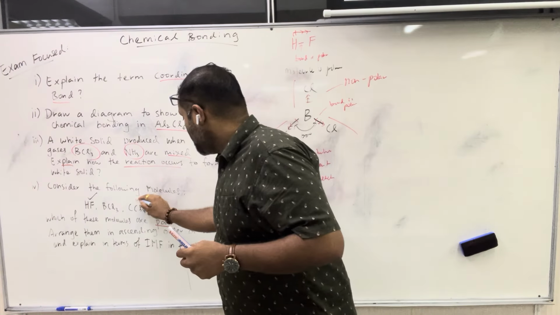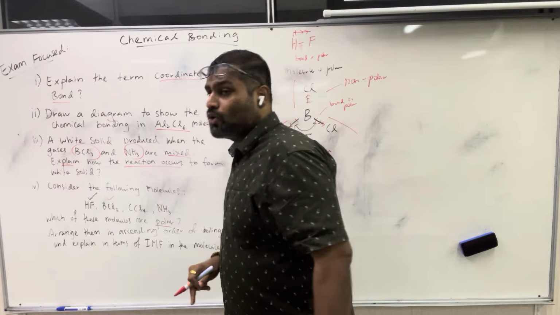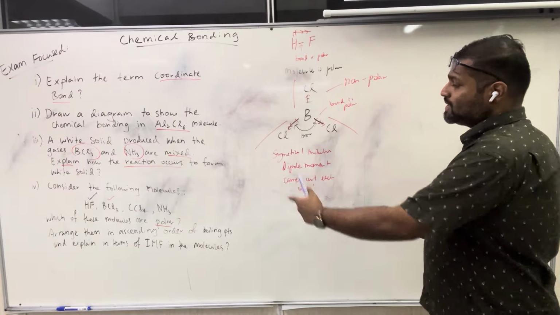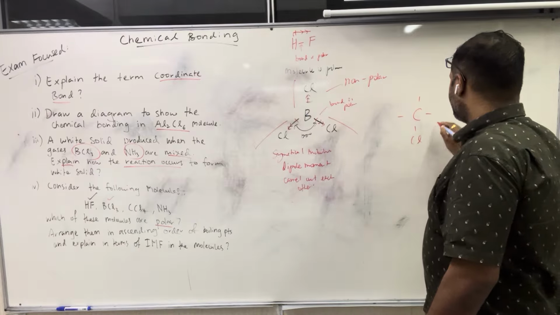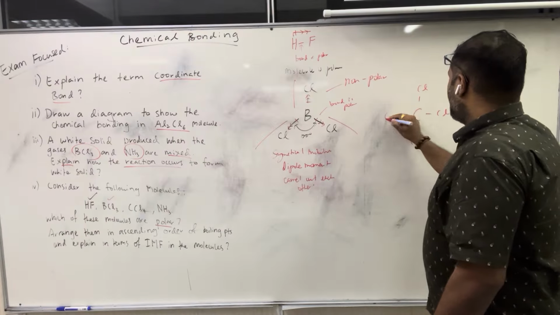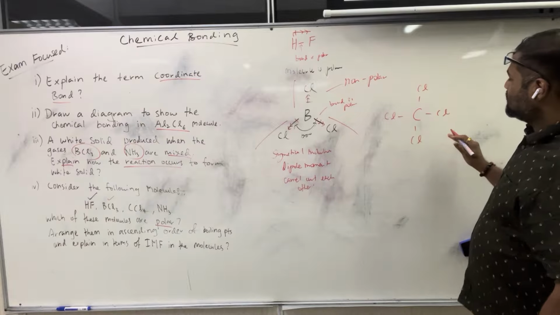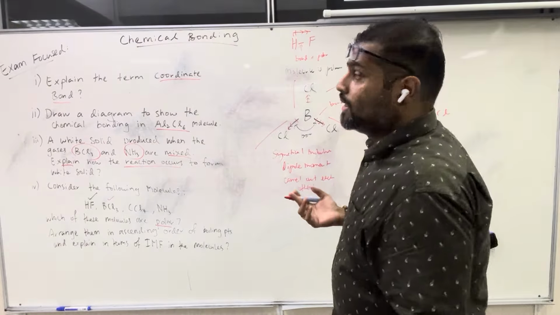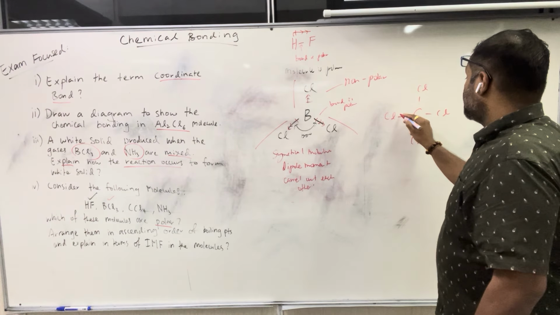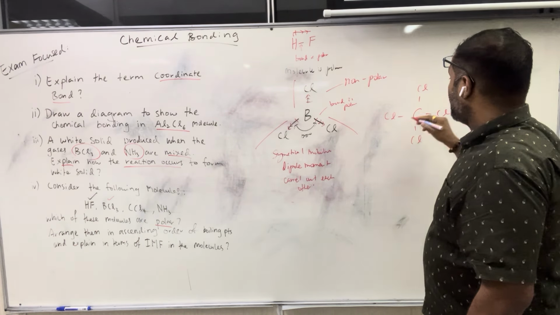Now we look into tetrachloromethane. Again, it's the same concept as BCl3. Tetrachloromethane is bonded with 4 chlorine atoms, and it has a tetrahedral shape, whereby the dipole moments cancel out each other. Why?